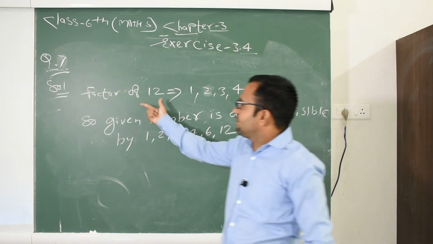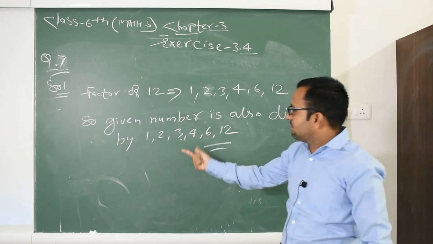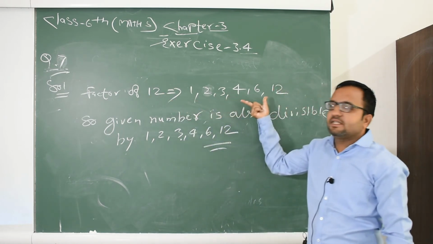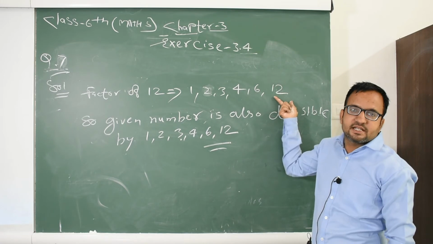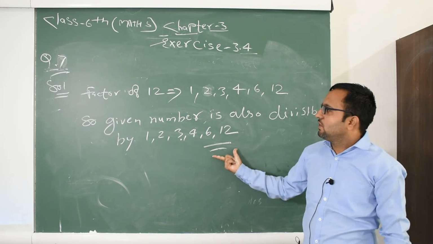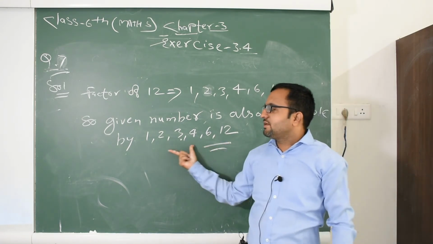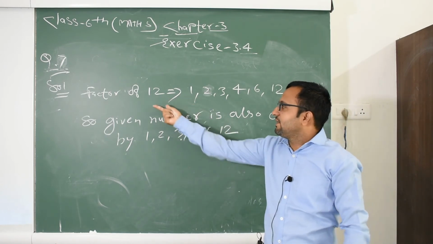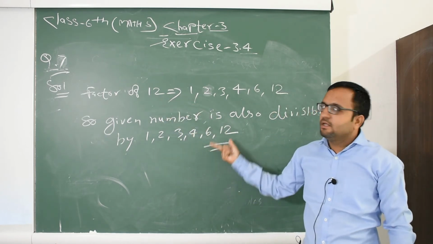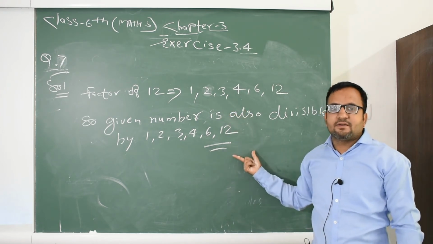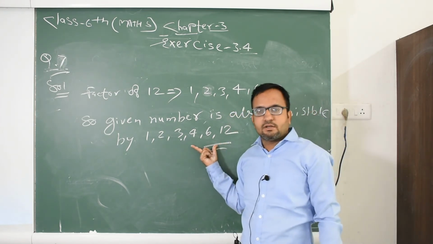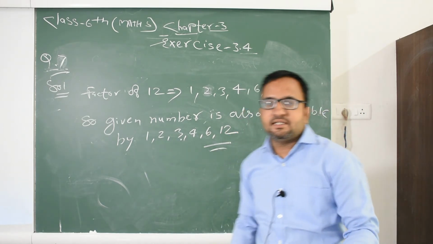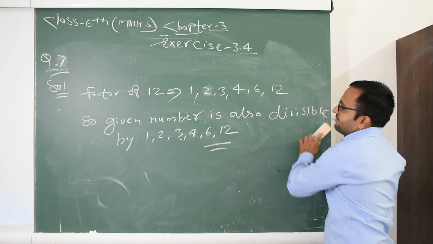That means if a number is divisible by 12, it is also divisible by these numbers, because these are the factors of 12. Okay, so question number 7 is completed. This is the last question of this exercise. Now we discuss exercise 3.5.